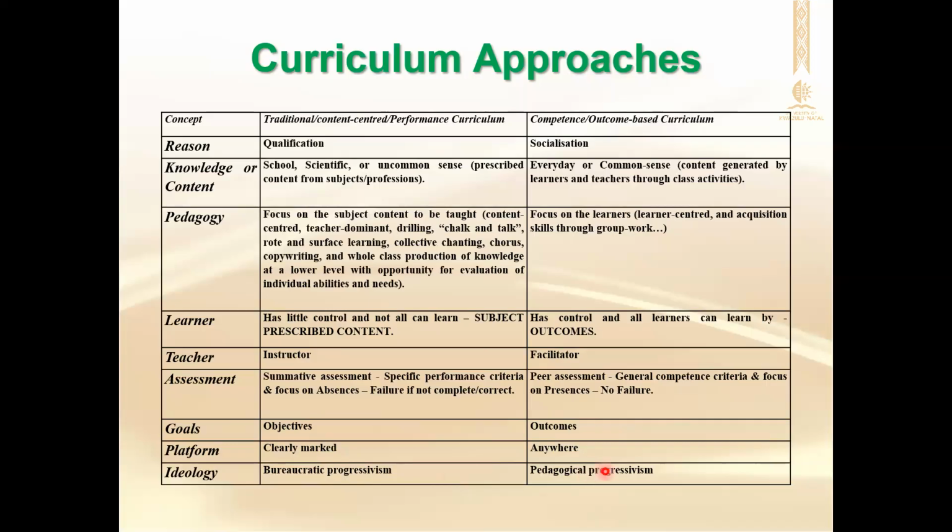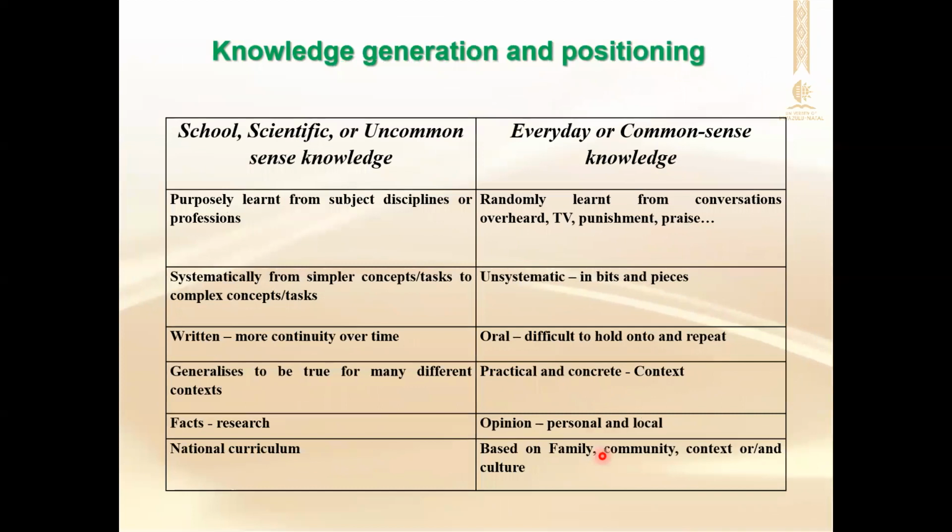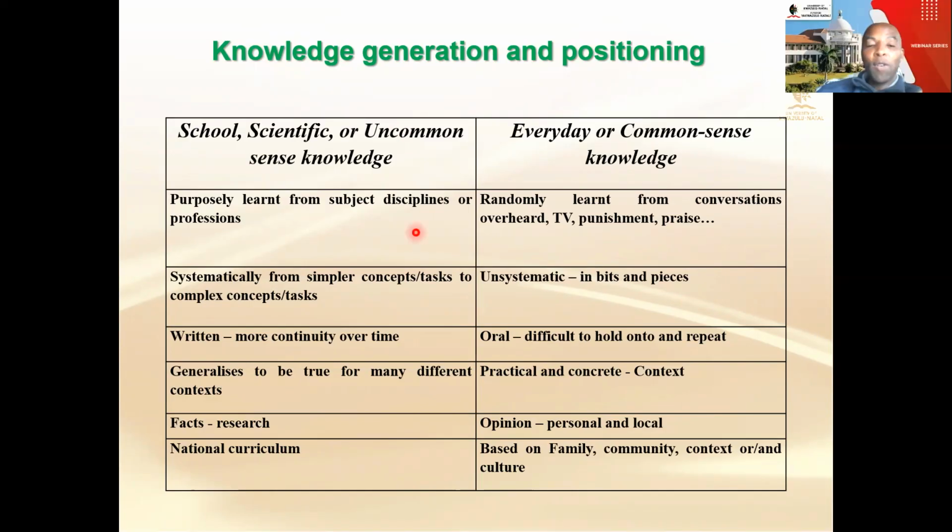But how then do we generate this so-called content for what we are teaching? Content of what we are teaching is coming from research. This side, you need to generate it from a specific discipline. If it is mathematics, it will be the mathematics discipline. So you will have to research it and get it wherever you can get it.